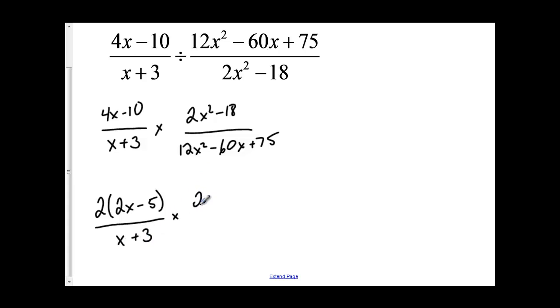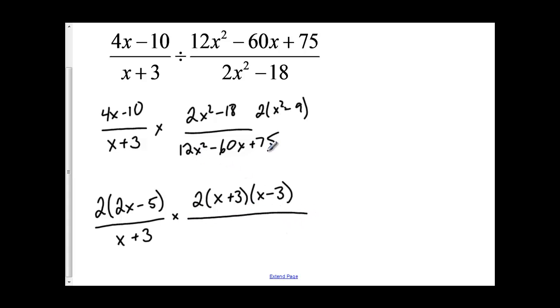Now on this side, I can go 2 and then x squared minus 9. But we know x squared minus 9 is a difference of squares, so I'm just going to erase this, x squared minus 9, and I've got x plus 3 and x minus 3. So when I factored out the 2, that gave me a difference of squares, which I could then factor down more fully.